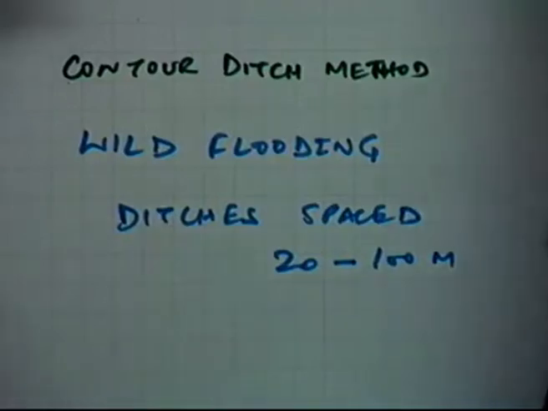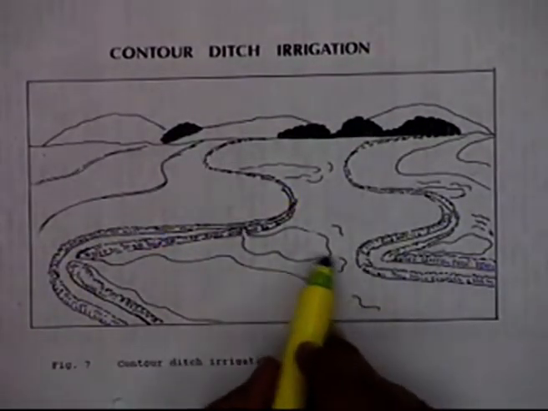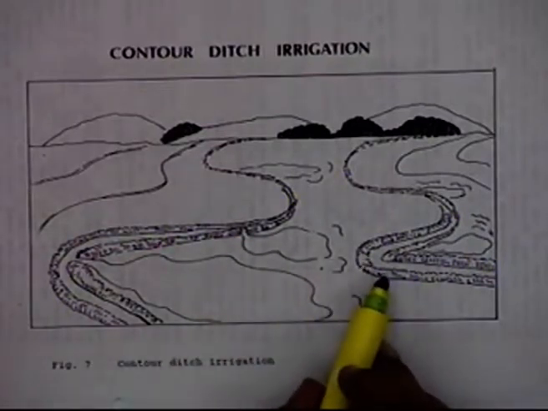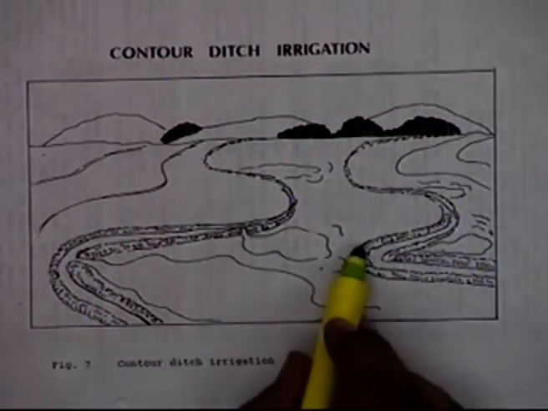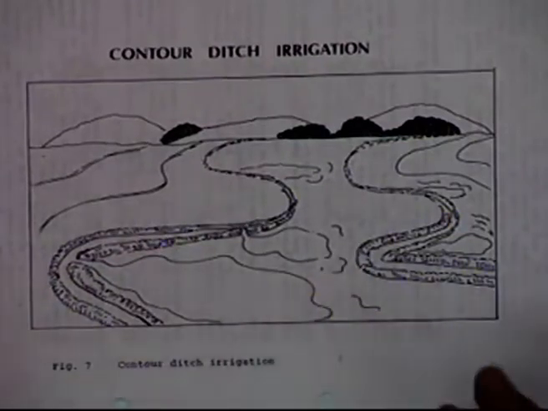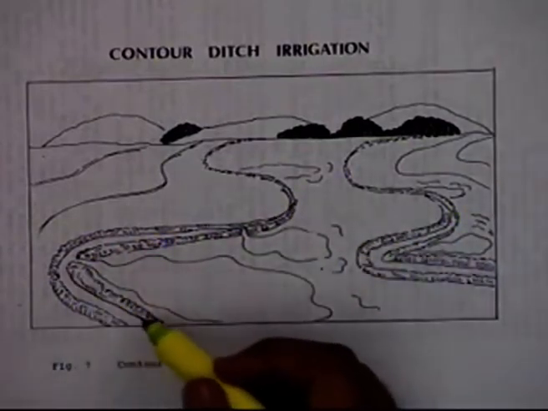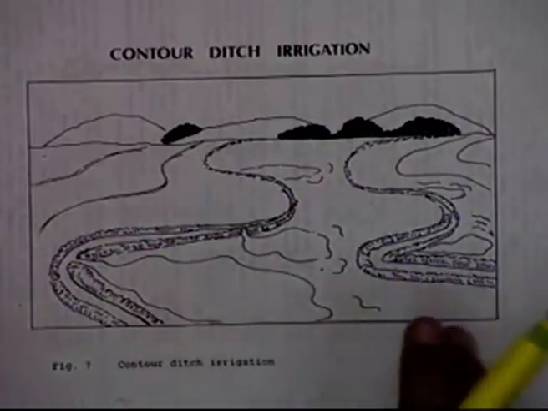That means the area covered from this end to this end can be a wide area in case the infiltration rates are lower. If the infiltration rates are higher, then you might restrict the width between the ditches. You will have to look at many other conditions also, the soil type and then the slope.